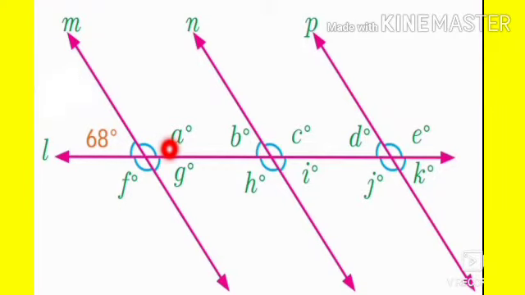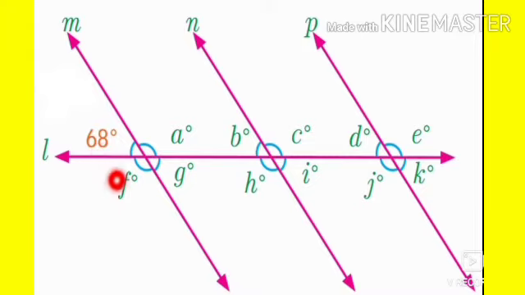Students, our third question is, which angles have the measure 68 degree? Here we know that 68 degree, B degree, D degree are corresponding angles. Since they are corresponding angles, they are equal. So B degree and D degree are equal to 68 degree.